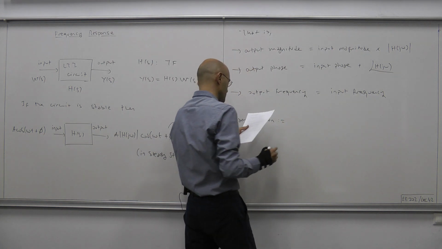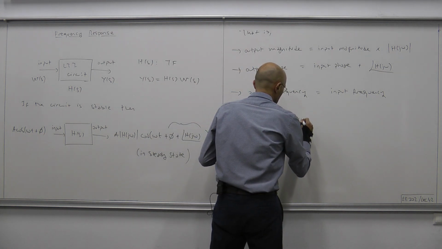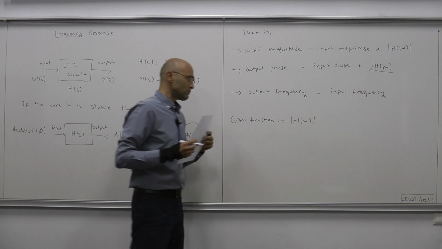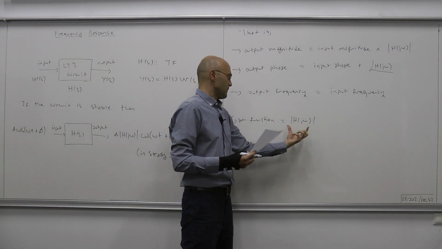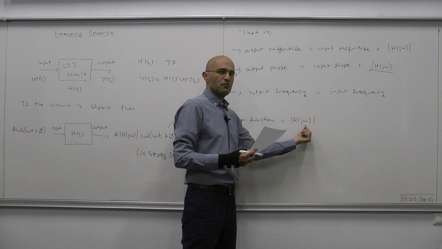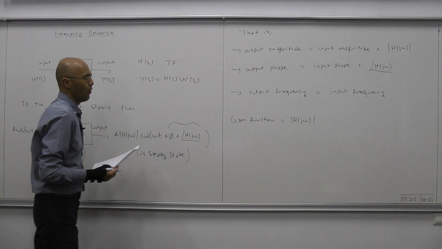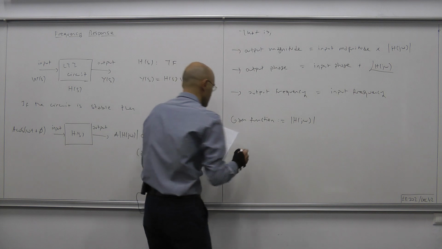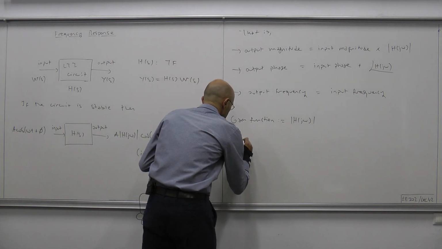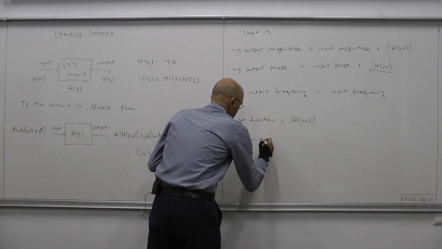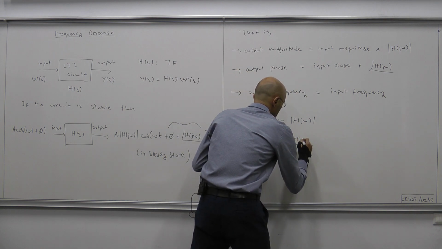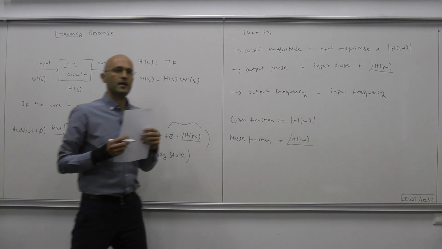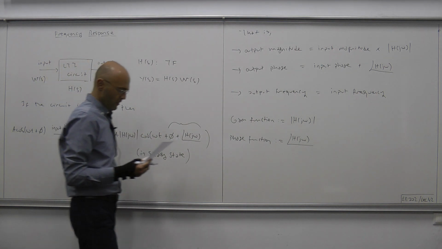By gain function we mean this magnitude, the function of the magnitude of the transfer function with respect to omega, and by phase function we mean the phase of the transfer function evaluated at s equals j omega.